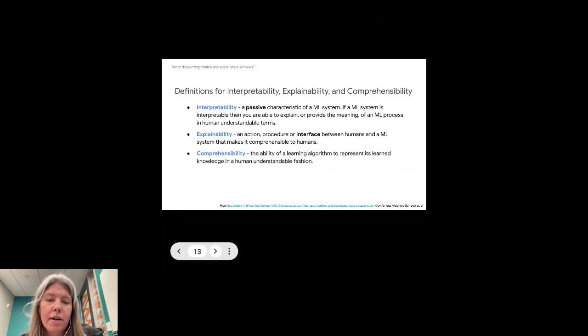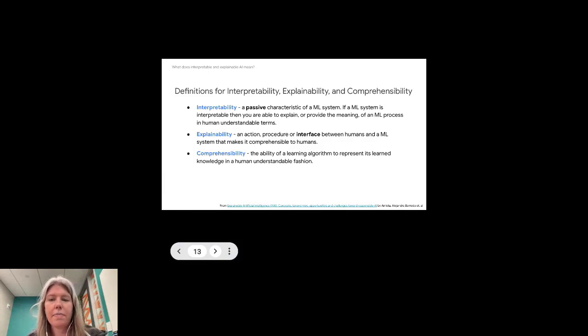Once you dive into the explainable AI area, there's all sorts of other terminology. Some people use the word interpretable. In fact, if you were doing some Google searching around this, sometimes the words interpretable and explainable get interchanged or swapped around. But this is a set of definitions that I like to go with. Interpretable AI is about passive characteristics: if a human can understand it, therefore it's interpretable.